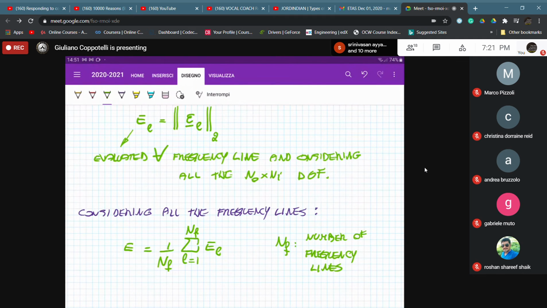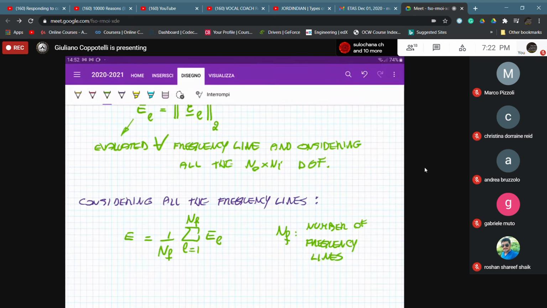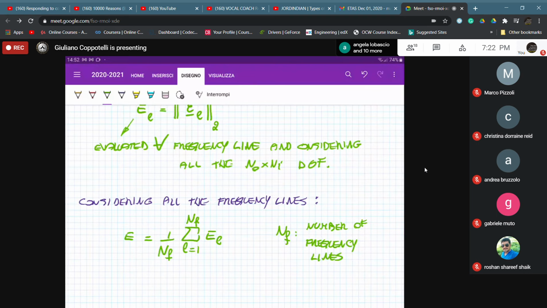We can think to not include that information in your estimating procedure. Whereas there are also some frequencies in which the coherence function is very high, and therefore they are giving us the true information of your system, the true contribution to the estimating procedure.